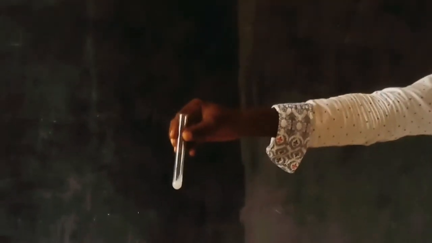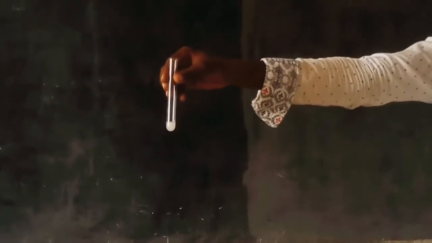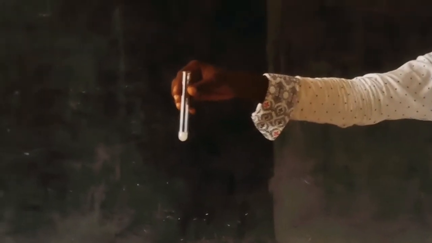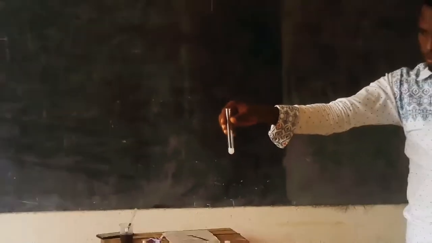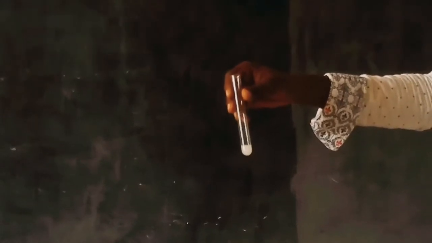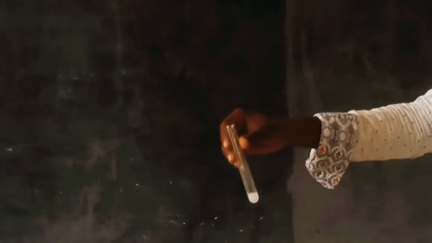You can see we have a white precipitate formed. So the observation is a white precipitate is formed. Very good. Now the inference: remember barium nitrate tests 3 groups of anions, that is sulfate, carbonate, or sulfite ions present.